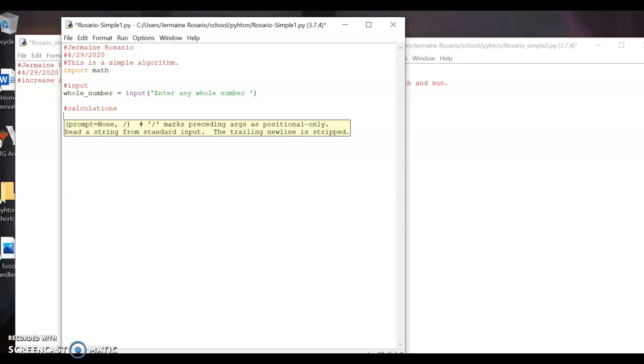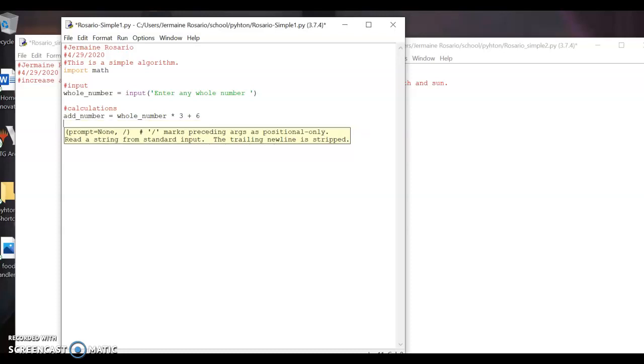And then we have to add the number, which is our whole number. Well, not add first, we multiply by 3 and then add 6.